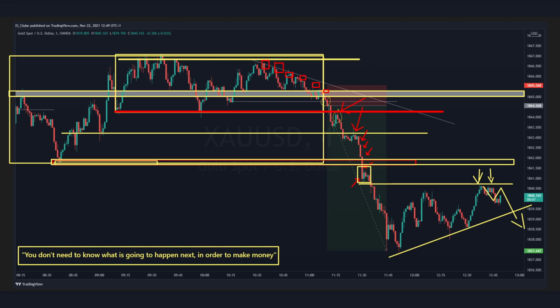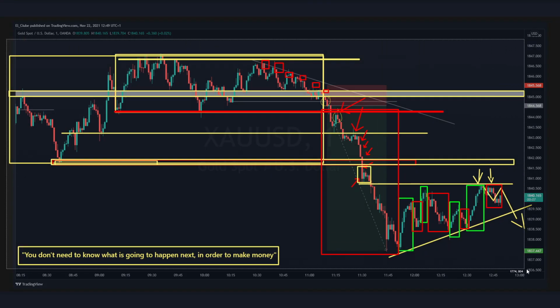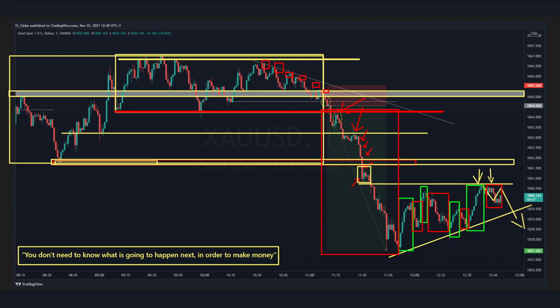You can see the size and the number of the bullish candles compared to the bearish ones. You can see that the momentum is not the same as it was during this time. So that's also another good understanding to be careful about.